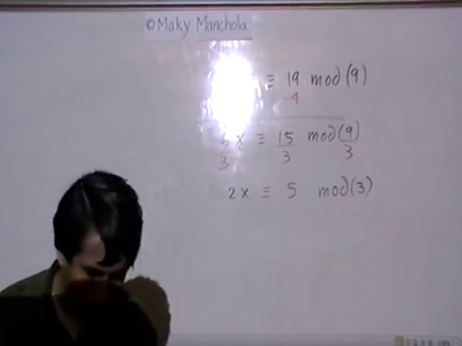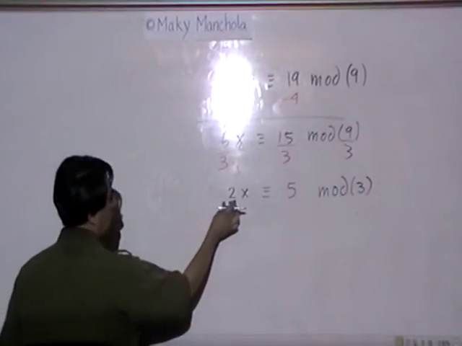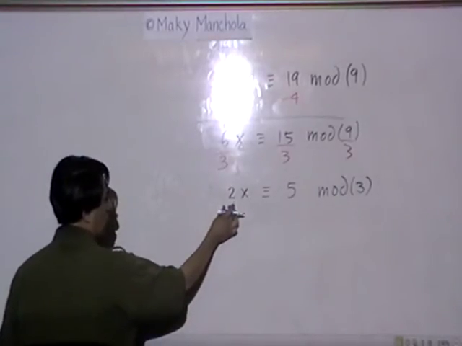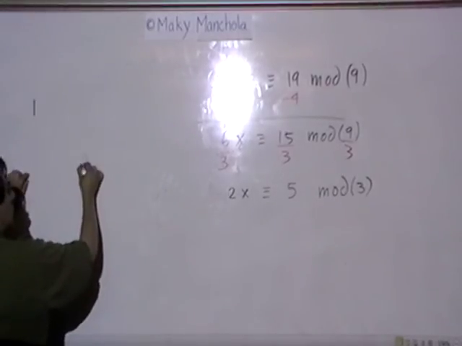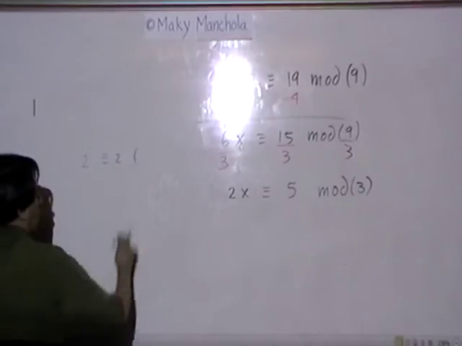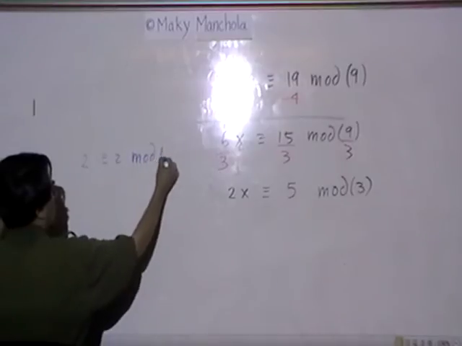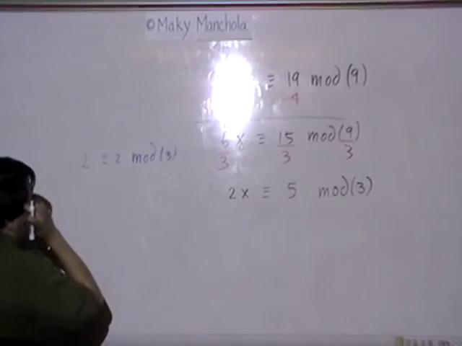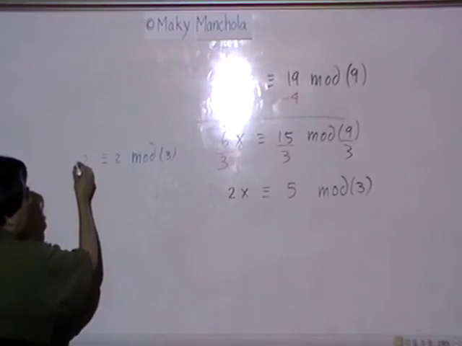Let's make one comment here that if we were looking at 2 and trying to reduce it mod 3, you get 2. What I want is a remainder of 1, so this is not going to work.